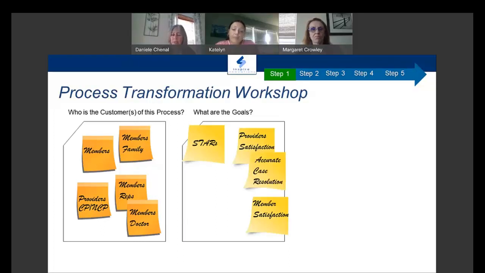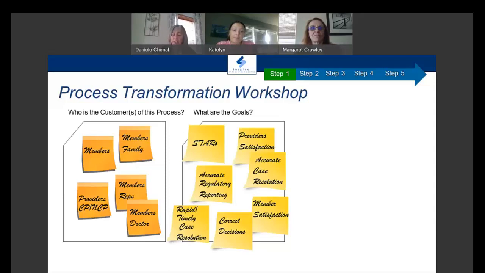Yep, we want to get these cases processed as accurately as we can, right? Margaret, any others? How about accurate regulatory reporting? Accurate reporting, absolutely. Then, again, we would continue to brainstorm out the goals of the process.